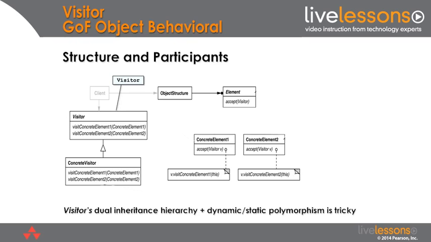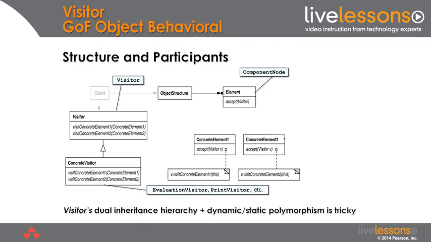So we have a visitor hierarchy that has a method for every different subclass in a composite or element hierarchy. In our case, we have a visitor base class, or interface actually, that defines the methods that appear in the composite. We then go ahead and subclass or implement that visitor interface in order to define various concrete visitors, things like evaluation visitor, print visitor, and so on and so forth.